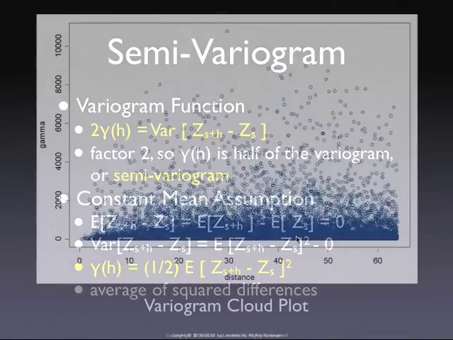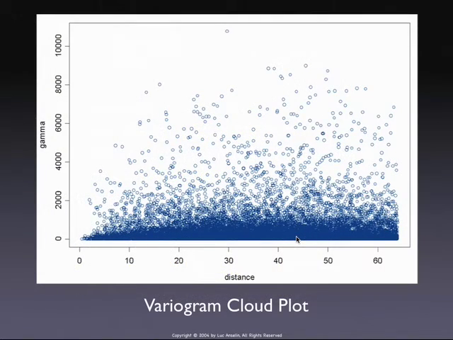This particular thing is called a variogram cloud plot, and we will use this as an exploratory device to focus on whether or not these assumptions that we've been making are legitimate assumptions for the data at hand. The variogram cloud plot is nothing but every single one of the square differences in our data set, not double counting.